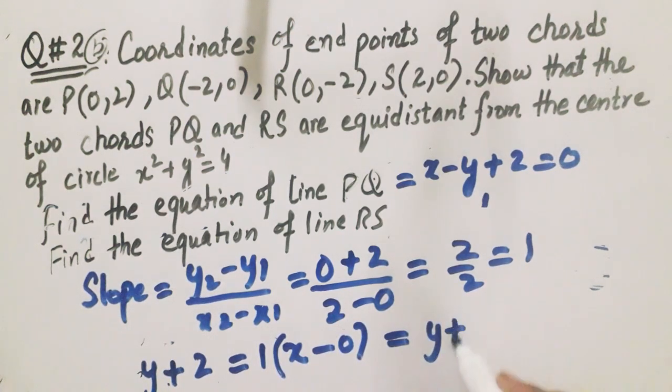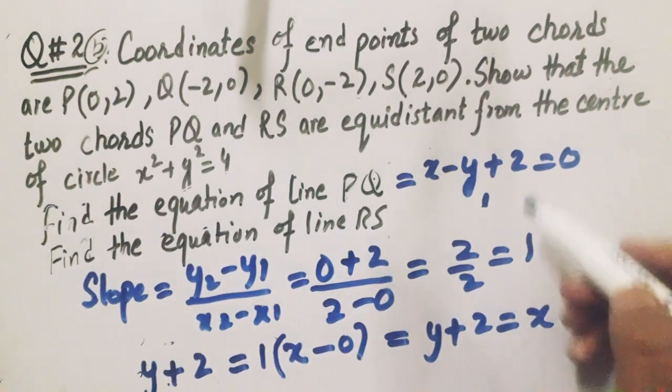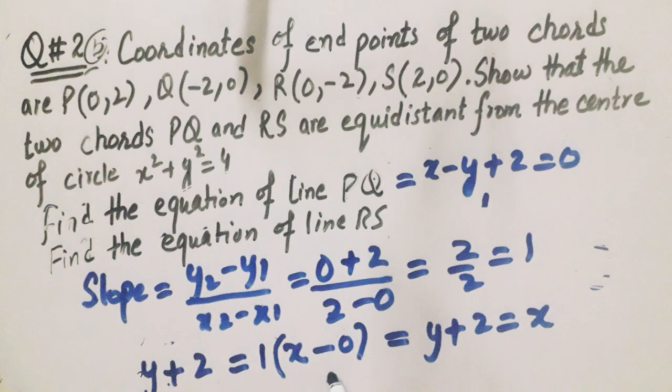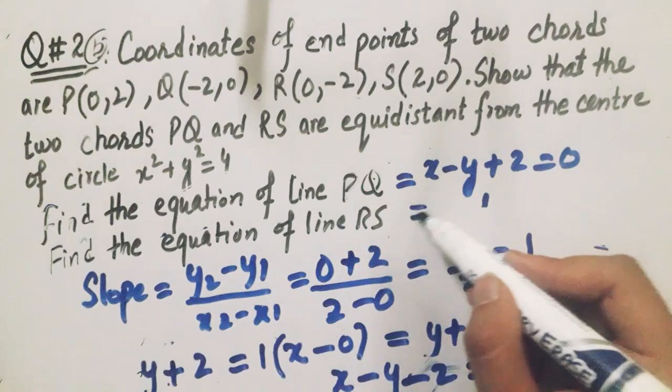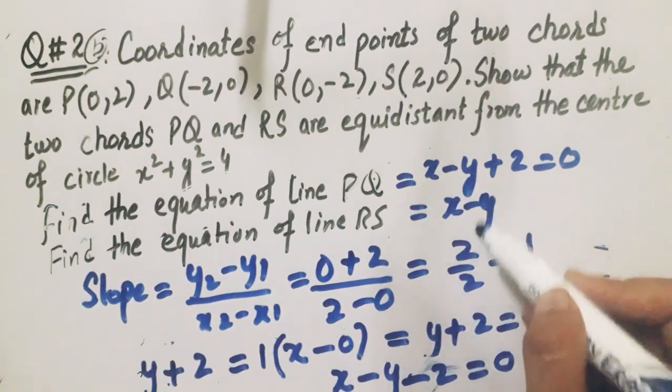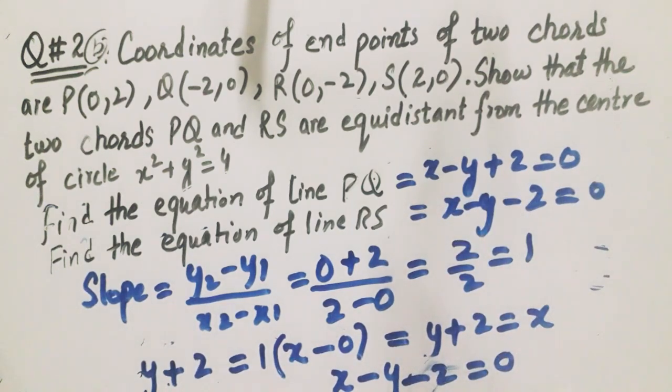So we have y plus 2 is equal to x. Again we get x minus y plus 2 minus 2 is equal to 0. So x minus y minus 2 is equal to 0. This is the equation of line RS.